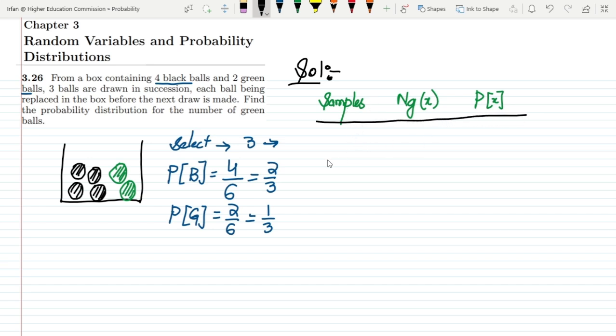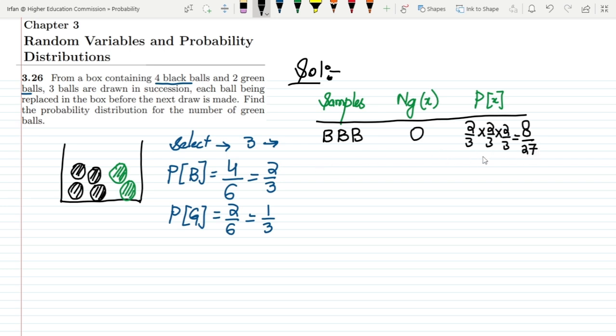Okay, so the first sample here I can have would be black, black, black. Okay, so for it the number of green balls is 0, so therefore the probability of it, as these are three independent events, will be 2 by 3 multiplied by 2 by 3 multiplied by 2 by 3, so it will be 2 twos are 4, 4 twos are 8, so 8 divided by 27.